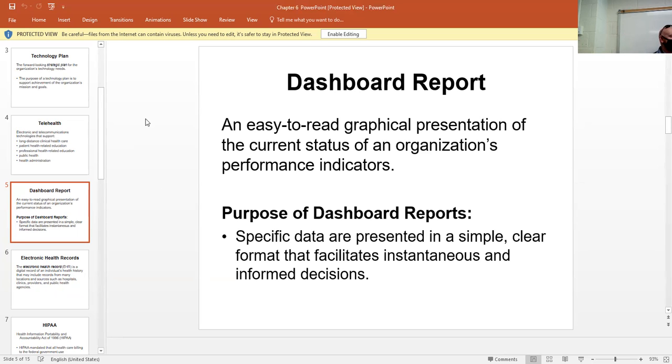If you typed in University of Mississippi COVID dashboard, it would pull up an easy to read graphical presentation of the current status of an organization's performance indicators, which right now would be what our COVID numbers look like, what amount of quarantine space is available in dorms, how many active cases we have. It has all these stats. It's put together, it's easy to follow, and it is a dashboard report.